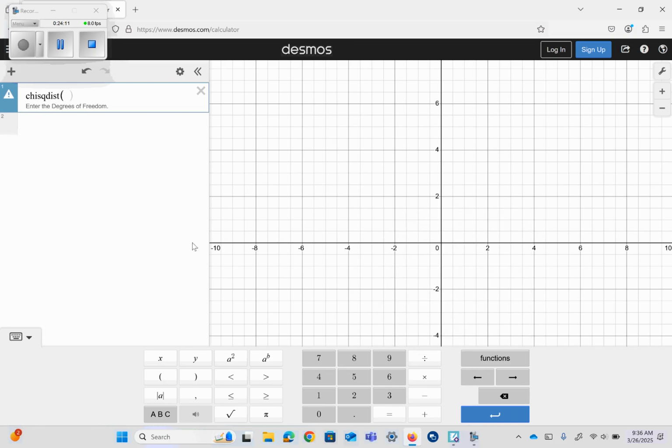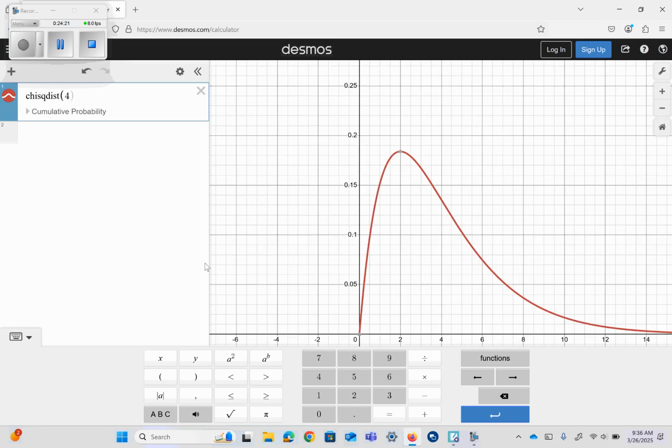Notice it says enter degrees of freedom. There are 5 categories. Degrees of freedom is 1 less than that. So my chi-squared with degrees of freedom 4, this is what our distribution looks like. Notice, yeah, it has a hump, but it's definitely skewed right. Agree? Remember that term from first semester?